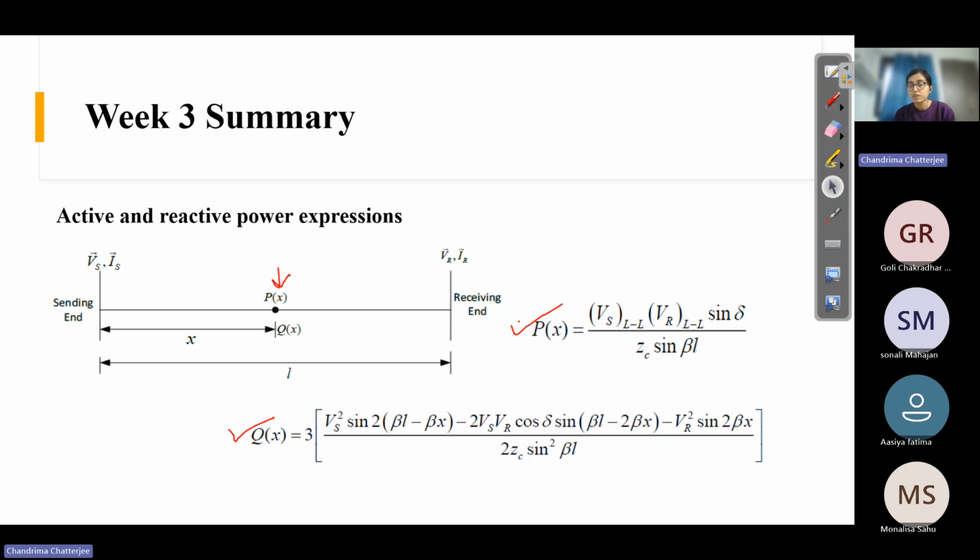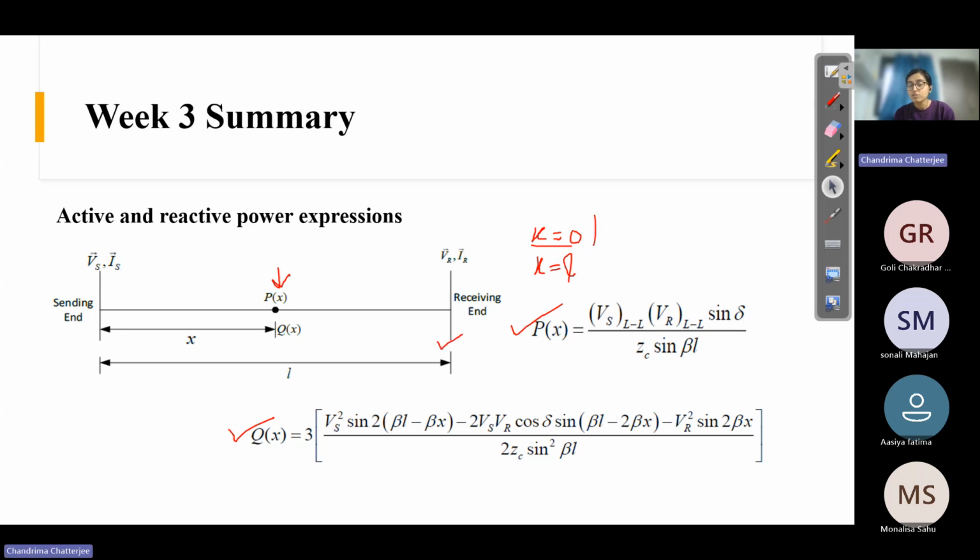There we first found a generic expression at any point x, then we replaced x equal to 0 and x equal to L. If you are defining the quantities from the sending end, and the point is x distance away from the sending end, then x equal to 0 means the sending end parameters and x equal to L means the receiving end parameters.